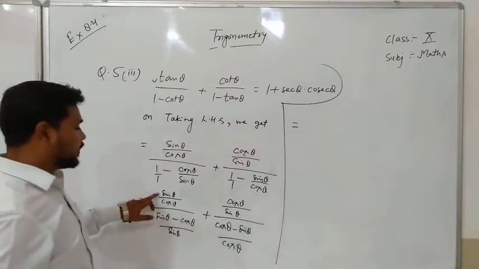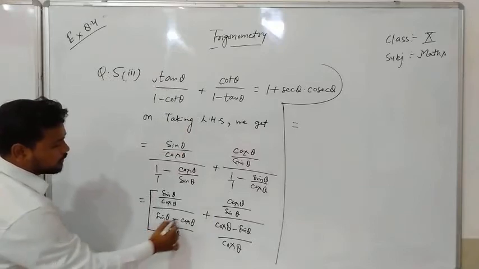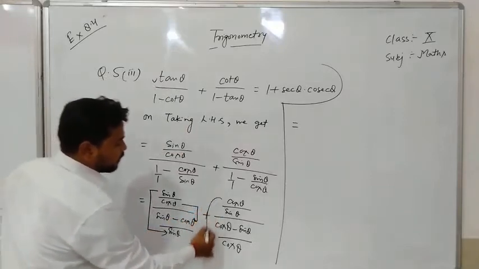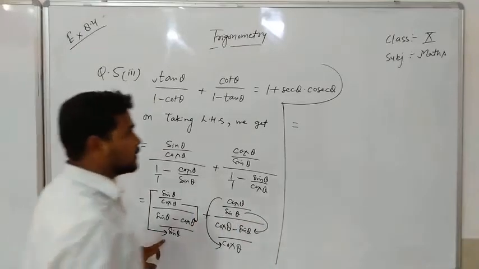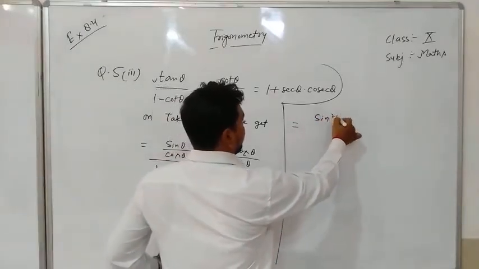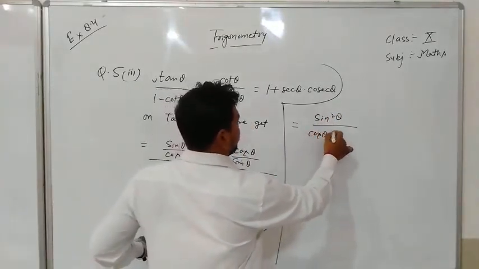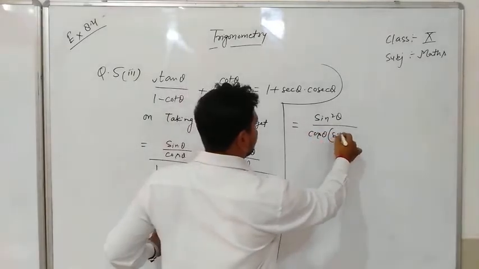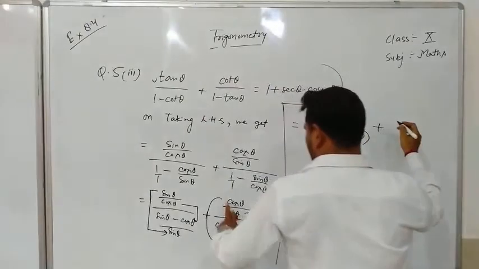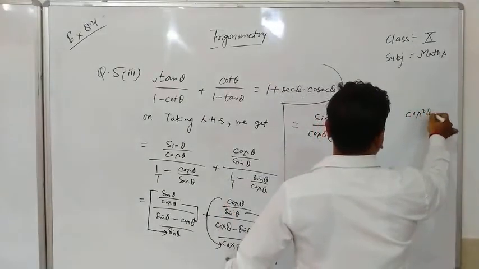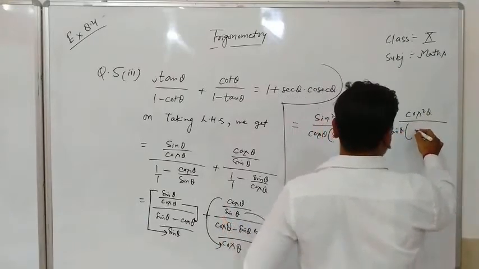Sin theta into sin theta is sin square theta upon cos theta into sin theta minus cos theta, plus cos theta into cos theta, that is cos square theta upon sin theta into cos theta minus sin theta.